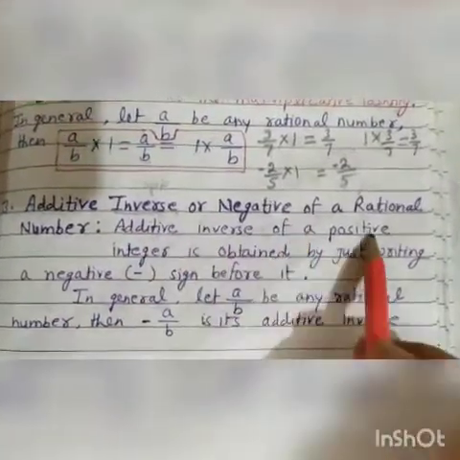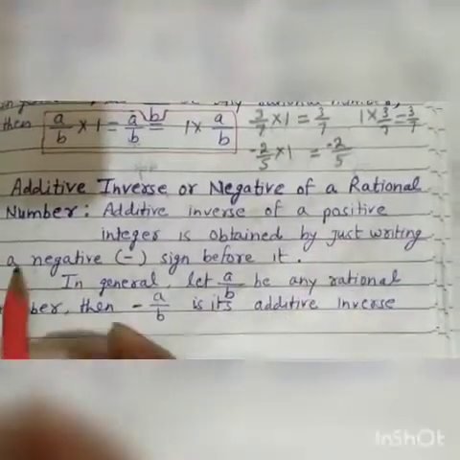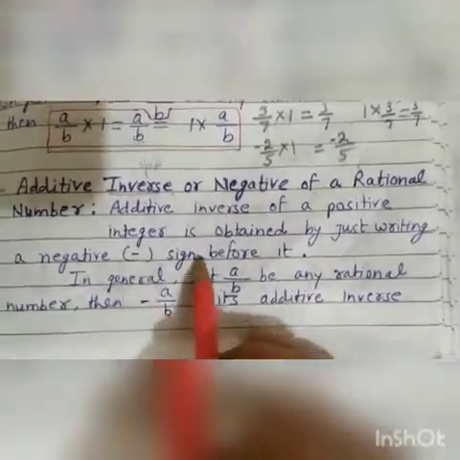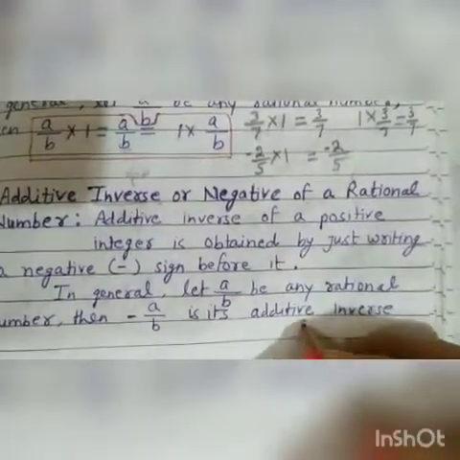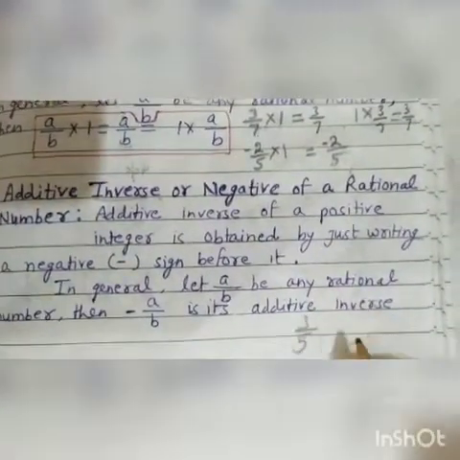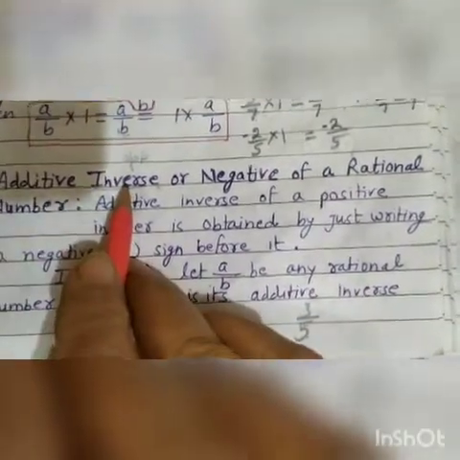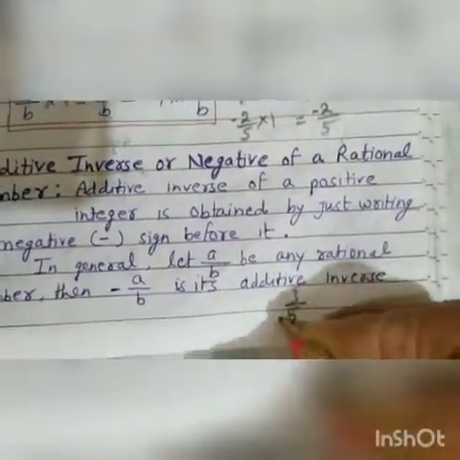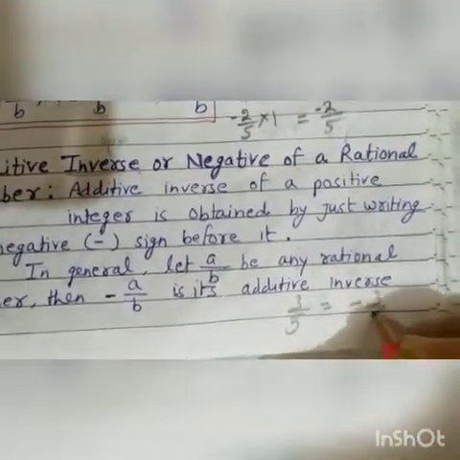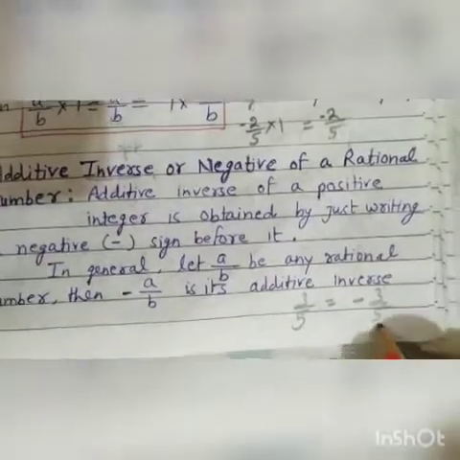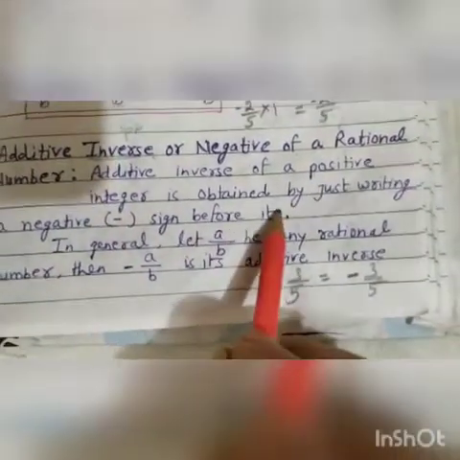Additive inverse of a positive integer is obtained by just writing a negative sign before it. See here, if I am writing 3 upon 5 and I ask you to write its additive inverse, this is positive plus 3 upon 5. We will put a minus sign before this 3 upon 5. Then this minus 3 upon 5 will be additive inverse of 3 upon 5.